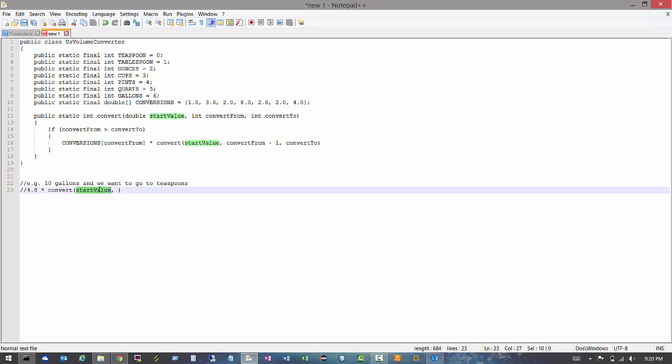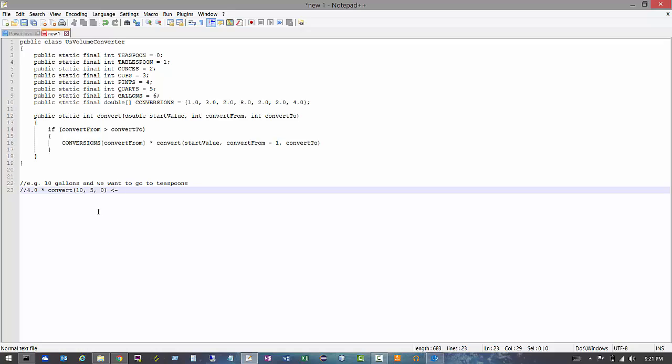So in this case, that start value is 10. Now what we're going to do is we had gallons, which was 6. Now we want to go from -1, which gives us 5, which is quarts, if you see above. And the end is still teaspoons, which is 0.